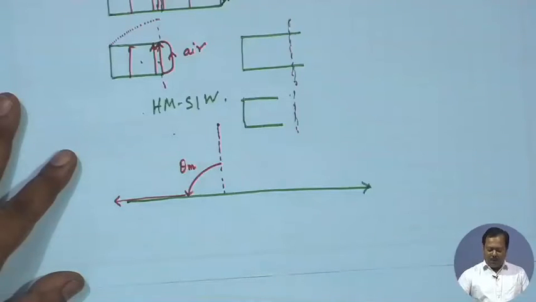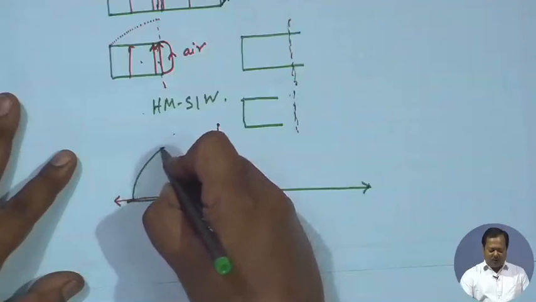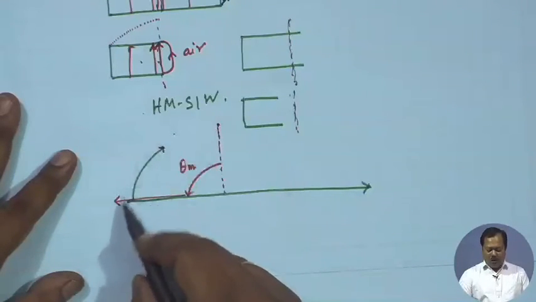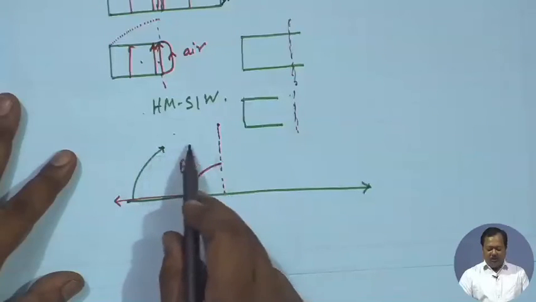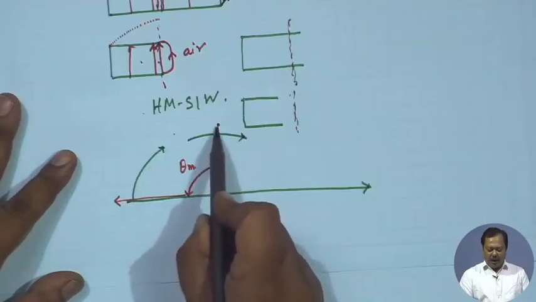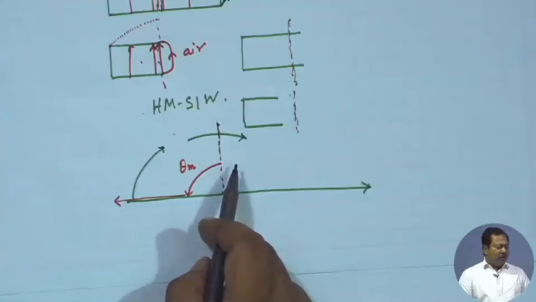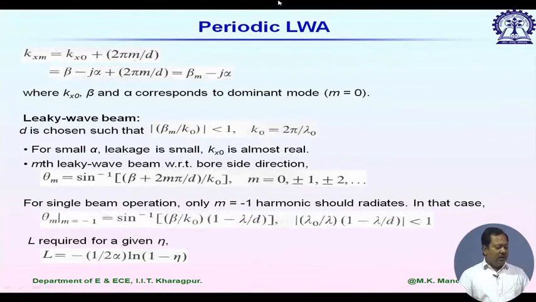If I increase the frequency, the main beam direction will change and theta m decreases. If I keep on increasing the frequency, at this point when theta m equal to 0, d is equal to lambda, as we can see from the expression.